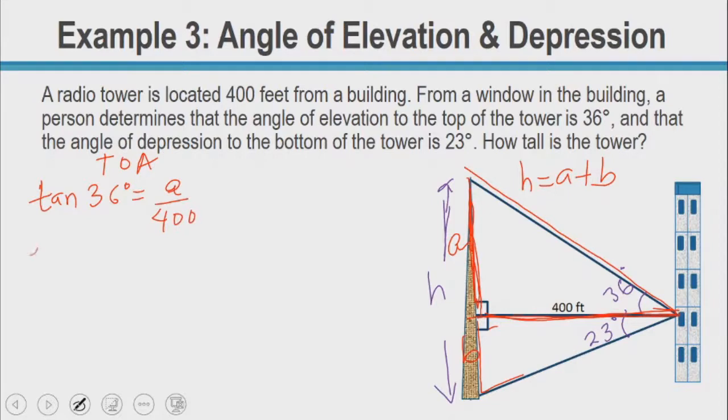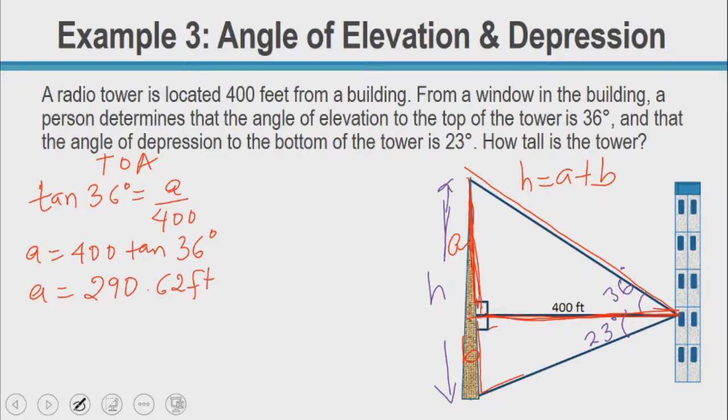Okay, so A will be 400 tan 36 degrees. So if you put that into your calculator, you will see that A will be 290.62 feet.